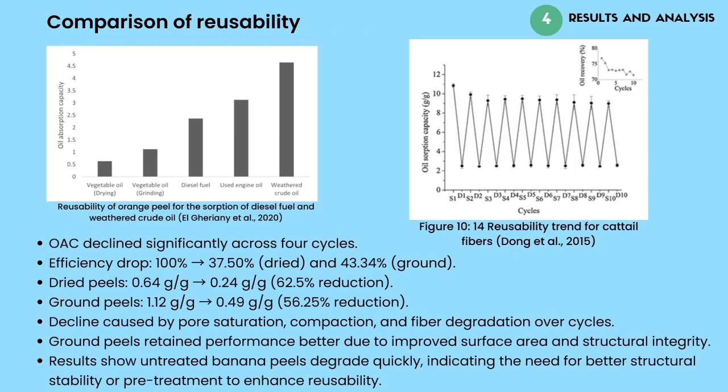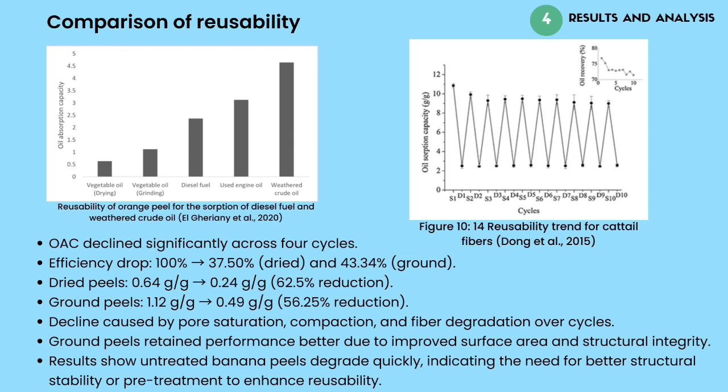This slide shows the reusability performance of both biosorbent types across the 4 cycles. For the dried peels, efficiency dropped from 100% to 37.50% after 4 cycles, while the ground peel maintained a higher performance, retaining 43.34% efficiency.